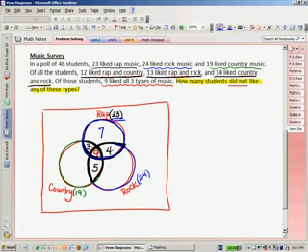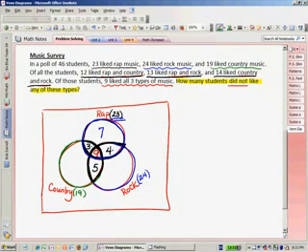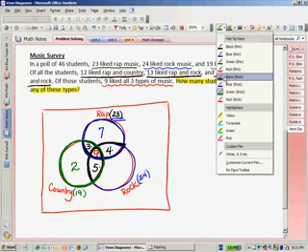I know from my country clue, I need a total of 19 students in this circle. And I've already got a 3, a 9, and a 5, which totals 17. So how many more do I need to get to 19? That's right, 2 there.